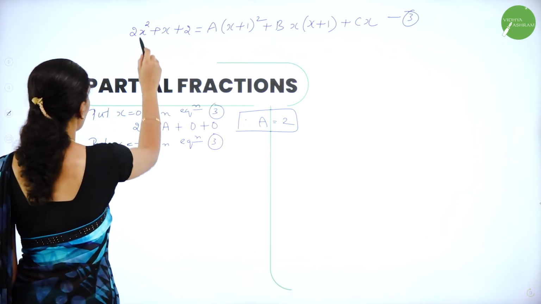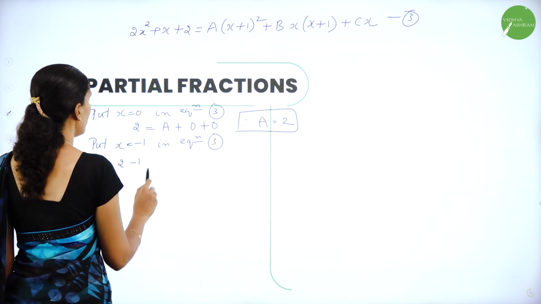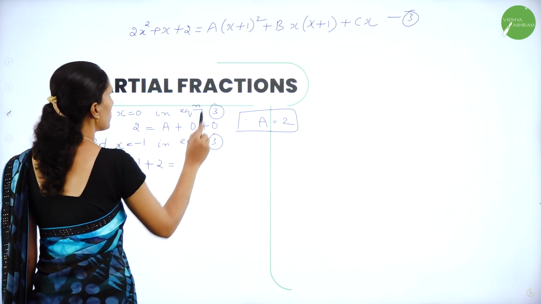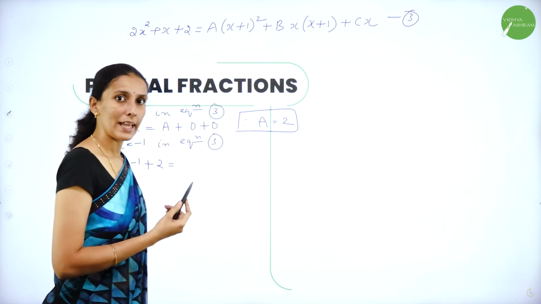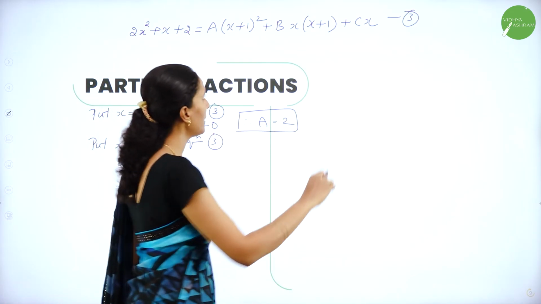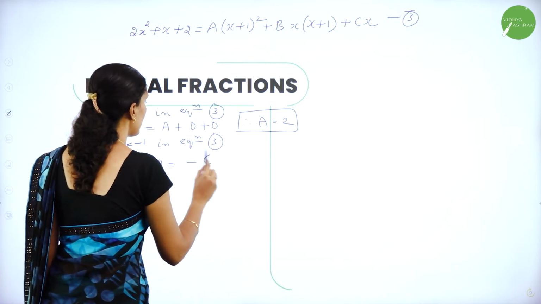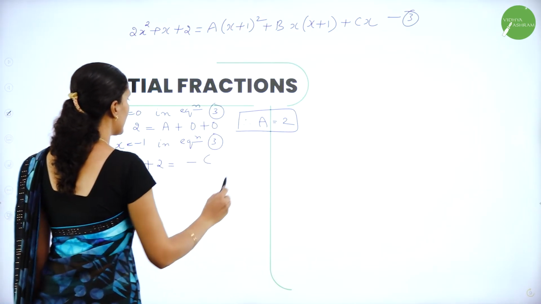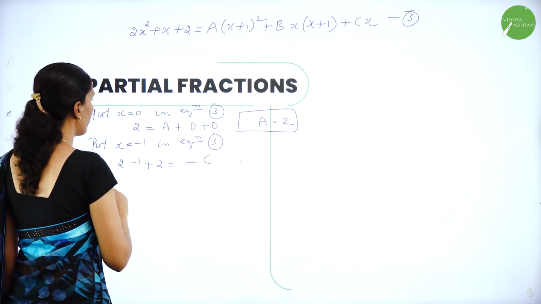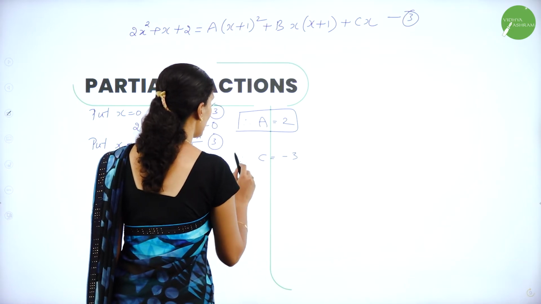So if you put minus 1 whole square, this is 2 minus 1 plus 2. Minus 1 plus 1 cancel, a becomes 0. Minus 1 plus 1 cancel, b becomes 0. C into minus 1 is minus c. So you will get plus 1 plus 2, 3. So c is equal to minus 3.